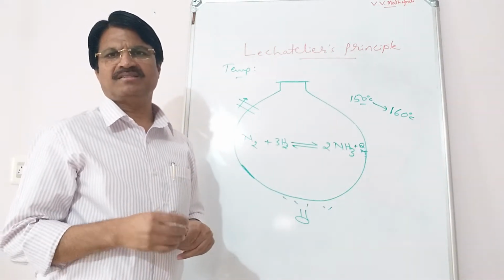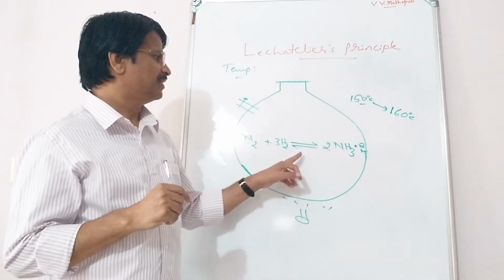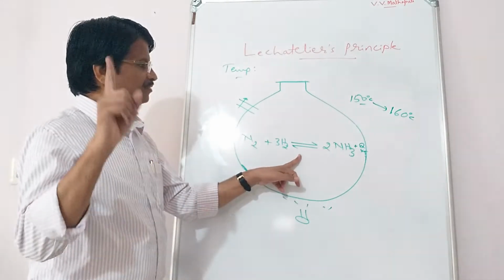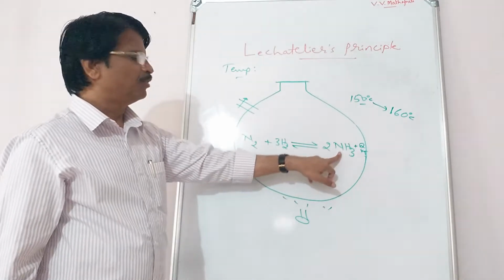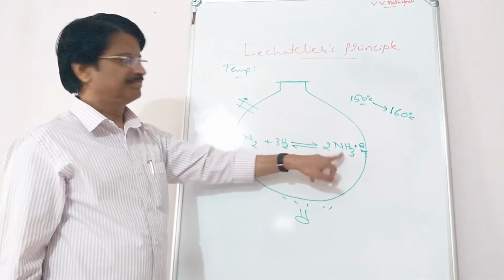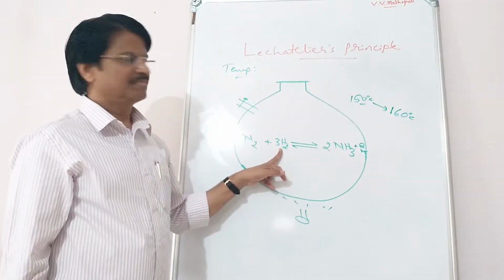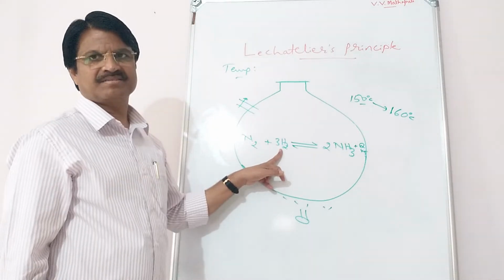When the temperature is decreased, the first option: ammonia formation is more. Hydrogen yield is less.